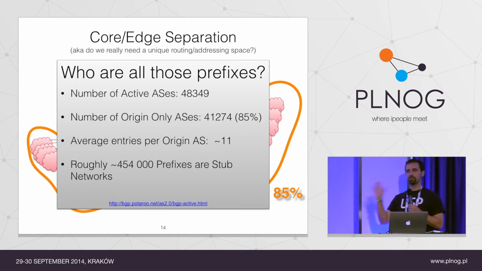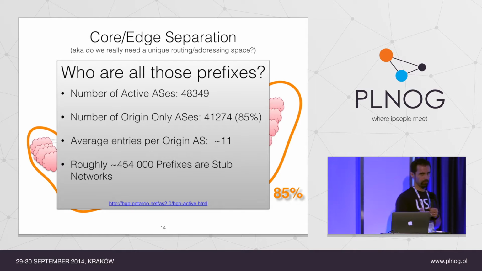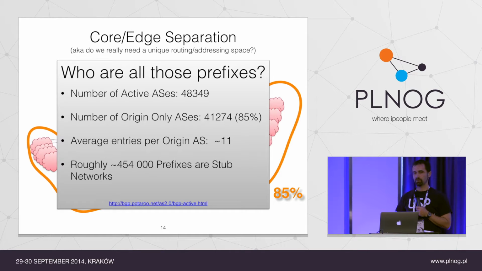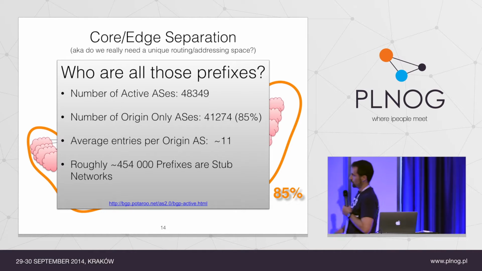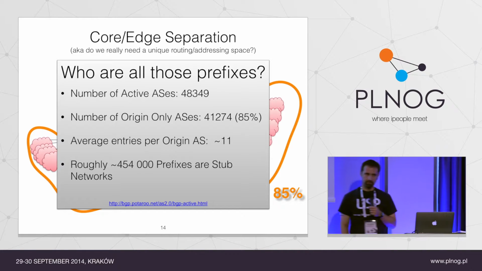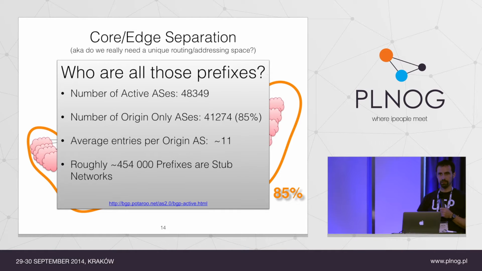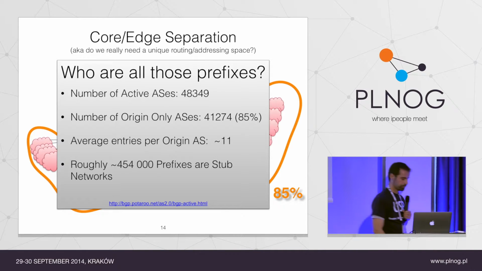So they just announce a prefix, and they are never in the middle of an AS path. Traffic never goes through them, only comes from or goes to, never through, right? And roughly speaking, every AS announces on average 11 prefixes, which leads us to about 454K prefixes that come from the edge of the internet. Is this the 85% here? Okay.